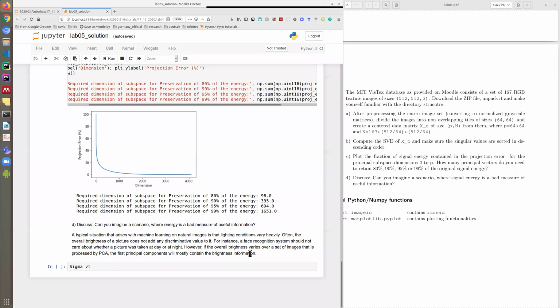As a result, the most important dimension given by PCA is the one that contains most information related to brightness. But this is not what we are looking for in a face recognition system. We are looking for an algorithm that finds different features of the face.